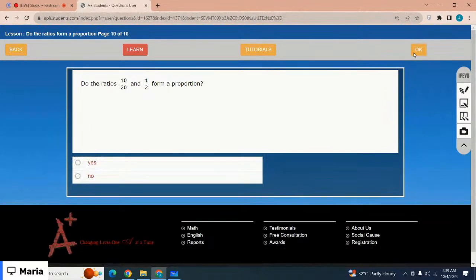Do the ratios 10 by 20 and 1 by 2 form a proportion? The correct option is yes, they form a proportion.